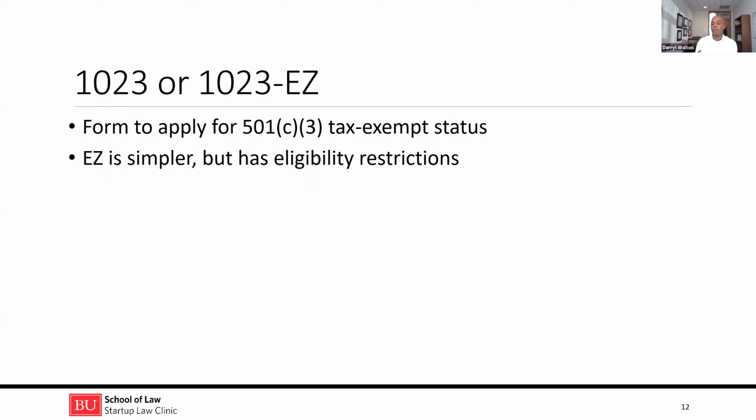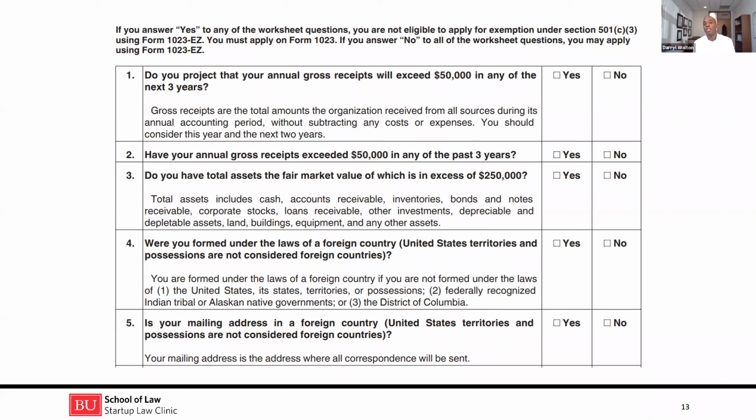So the biggest eligibility requirements come from numbers 1, 2, and 3. Do you project that the annual gross receipts will exceed $50,000 in any of the next 3 years? So are you bringing in more than $50,000? And when they say gross receipts, they mean everything, any type of revenue. Do you reasonably, and reasonably is a key word, project that you will be receiving more than that?